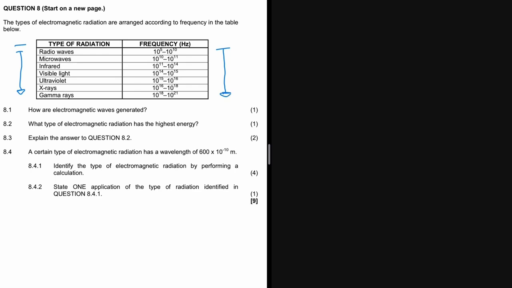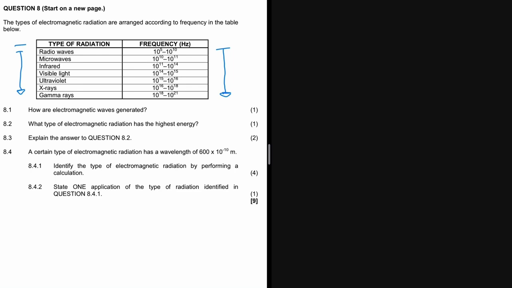We can see the frequency of the radio wave is the lowest, since it is 10 to the power of 5 till 10 to the power of 10. As you go down, the frequency is increasing up until the largest frequency, which is the gamma rays, 10 to the power of 18 to 10 to the power of 21. With all the analysis, we can now start to answer the questions.